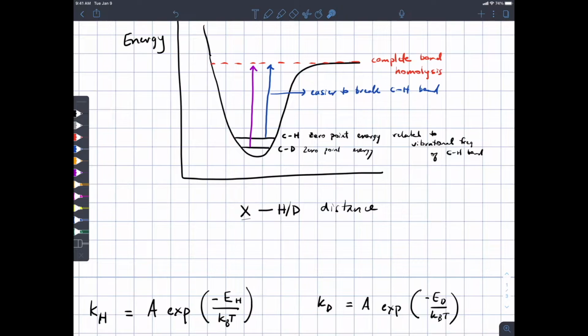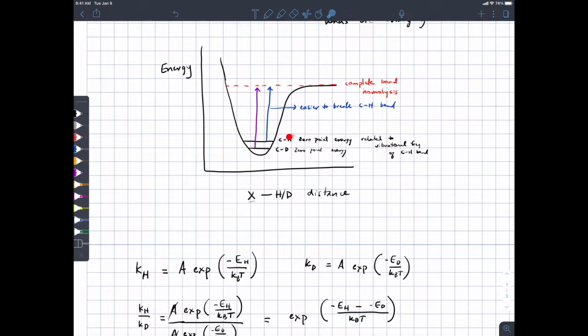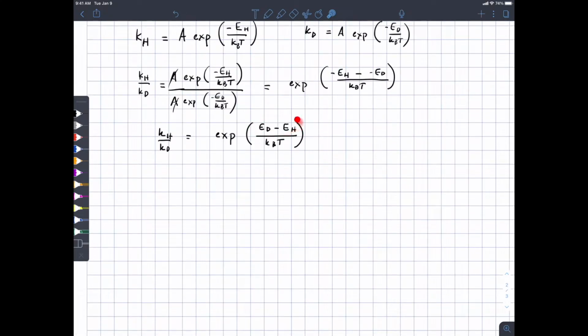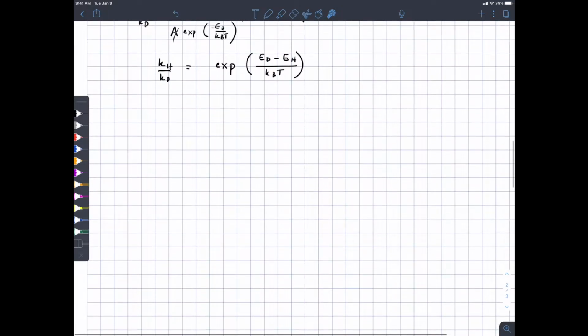You can see that getting up to that complete bond breaking has a larger energy for carbon-deuterium bonds than for carbon-hydrogen bonds. But we need to figure out why these zero-point energies are different and why the activation energies vary with deuterium versus hydrogen.